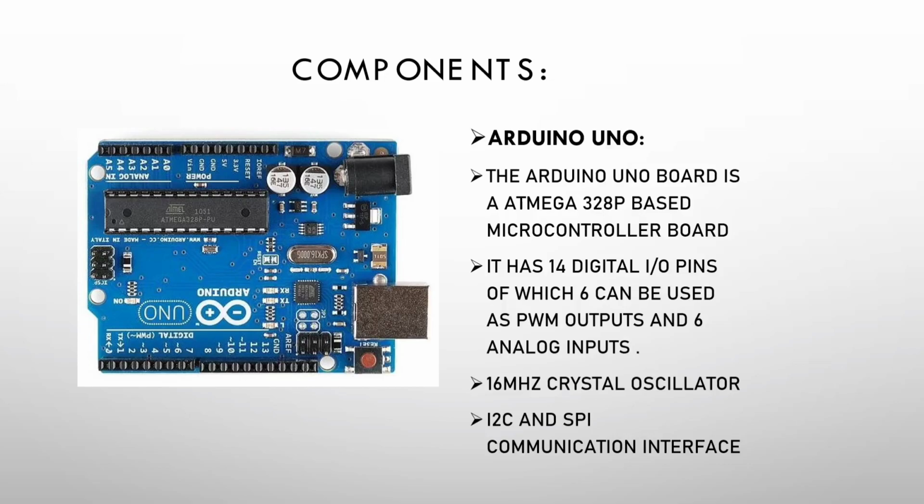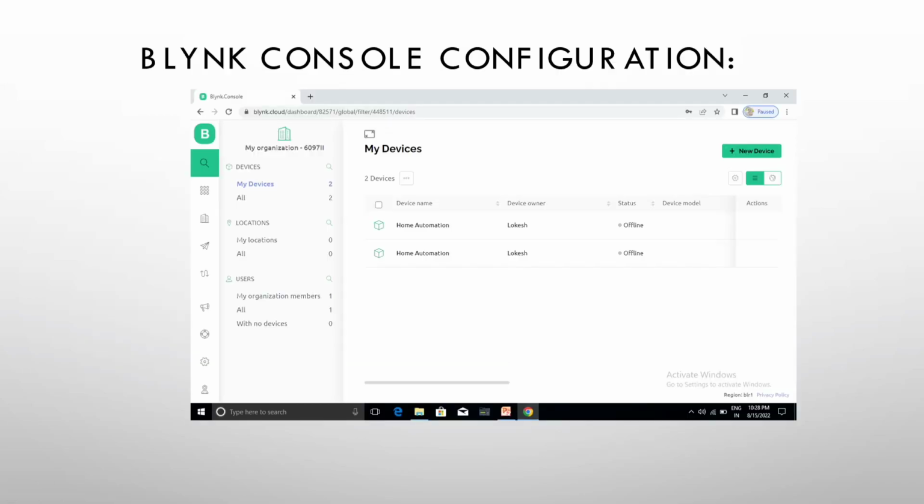The main heart of our project is the Arduino UNO board, an Atmega 328P based microcontroller board which has 14 digital I/O pins, of which 6 can be used as PWM (pulse width modulation) outputs, and 6 analog inputs. There is a 16 megahertz crystal oscillator, and an I2C and SPI communication interface is also there in this Arduino UNO.